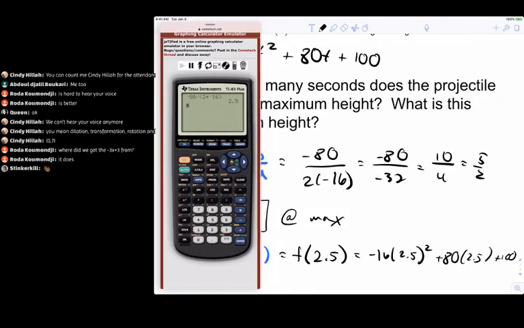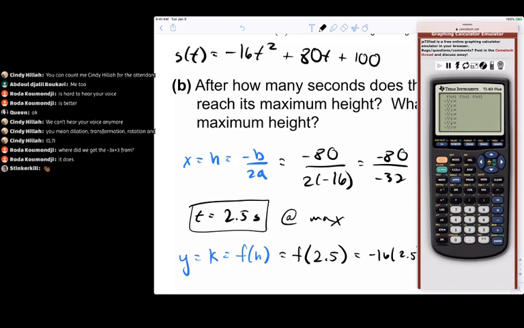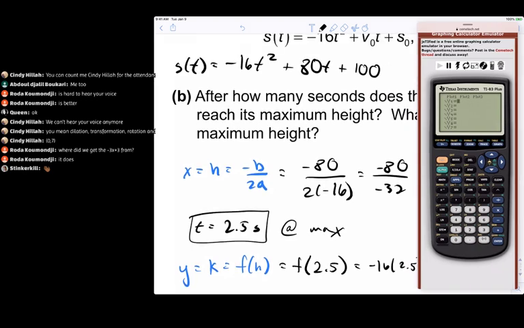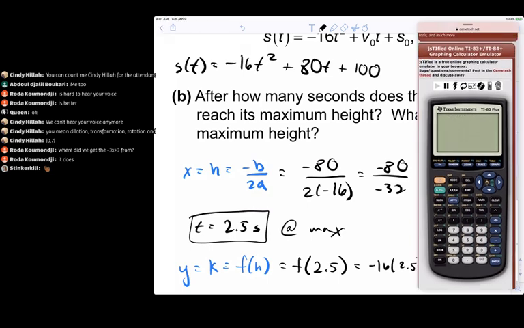So what I'm going to do, I'm going to go to my y equals right here, and type in the formula that's at the top. Okay, y equals negative 16x squared plus 80x plus 100.